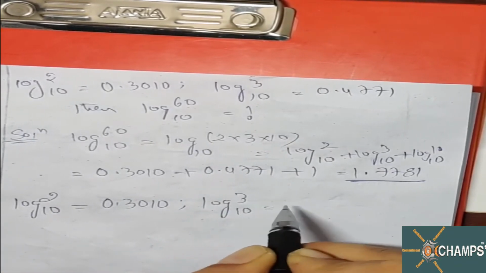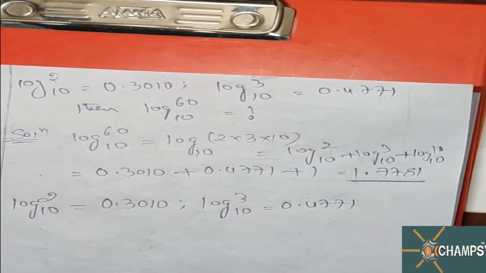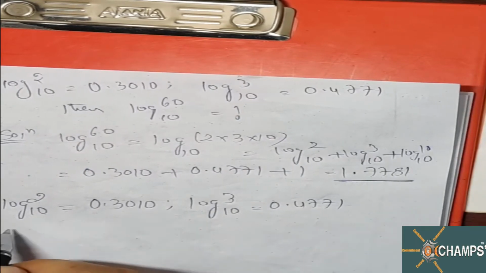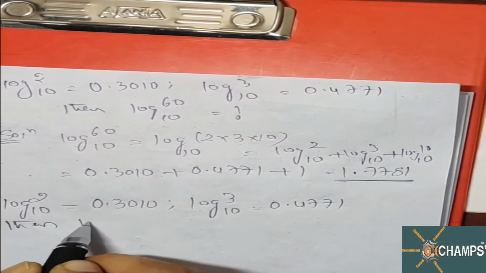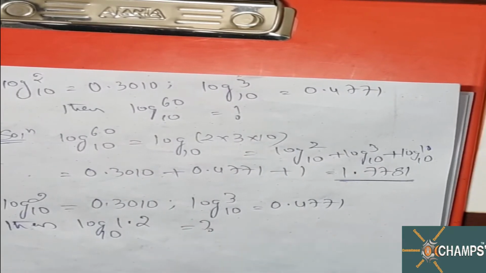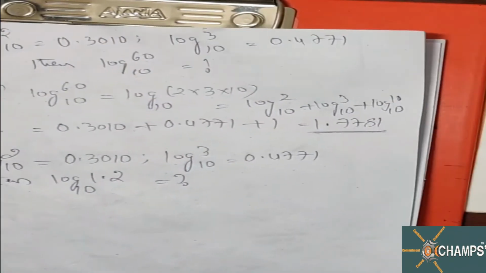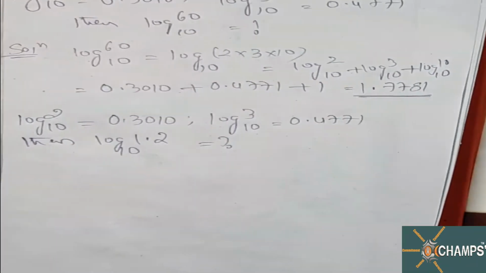Log 3 to the base 10 is equal to 0.4771. Then log 1.2 to the base 10 is equal to question mark.